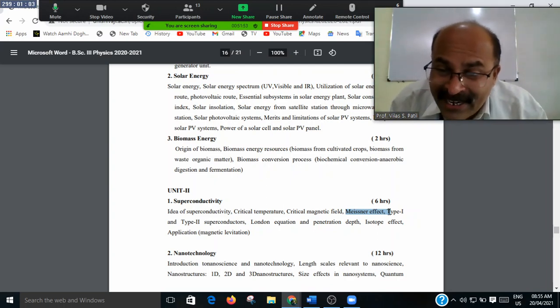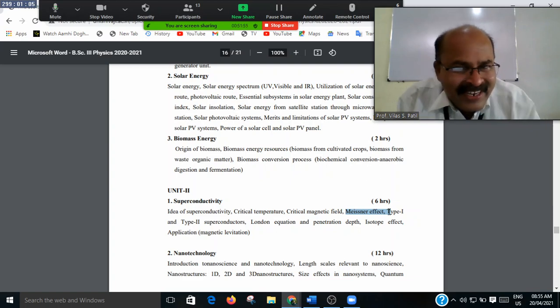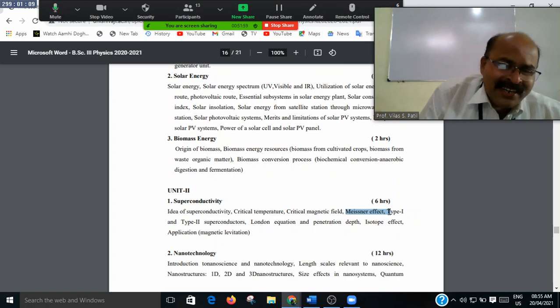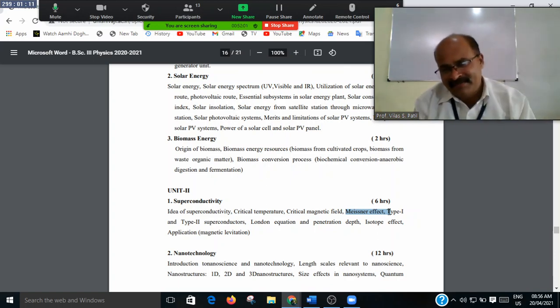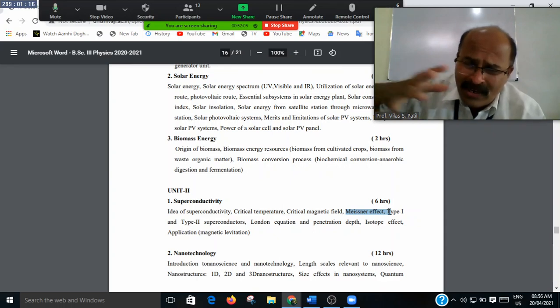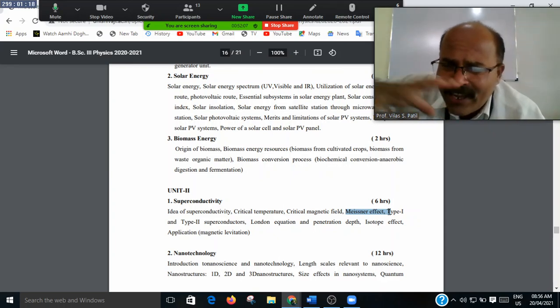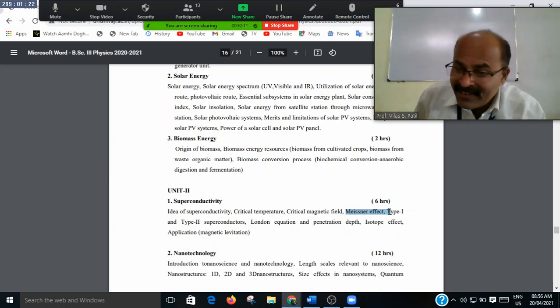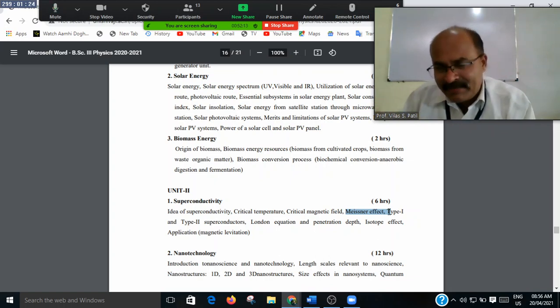Who strictly obey the rule, that is, they follow the Meissner effect, will be known as a type first superconductor. Who disobey the rule, who do not strictly follow Meissner's law, Meissner's effect, will be the type second.